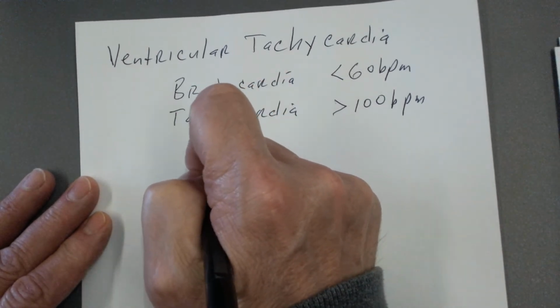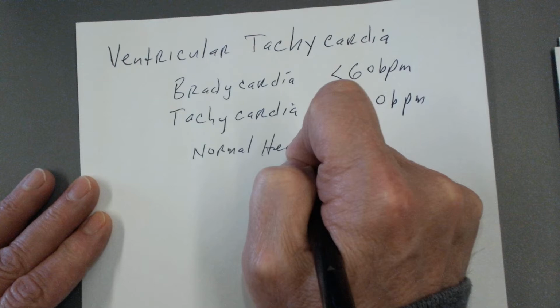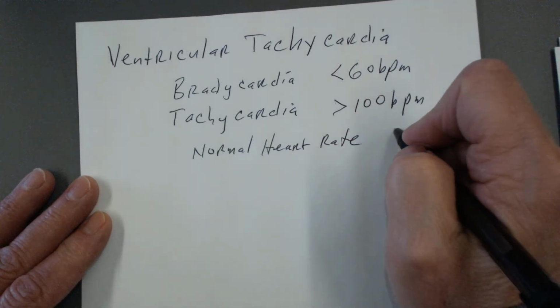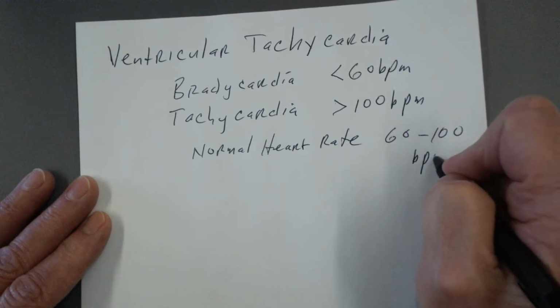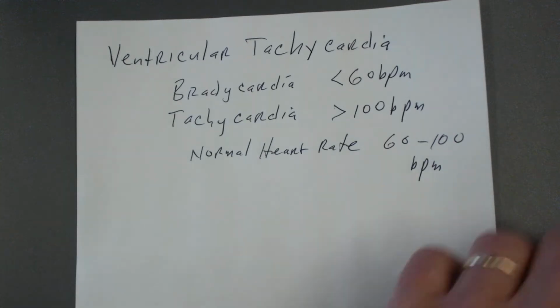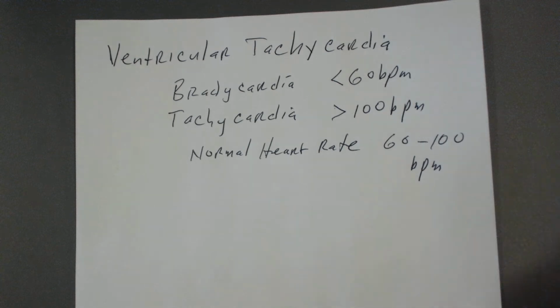So a normal heart rate is typically between 60 to 100 beats per minute. And if you are below that, you have bradycardia. If you are above that, you have tachycardia.